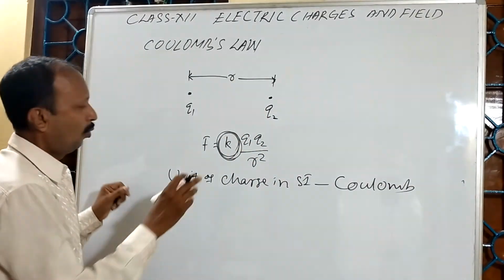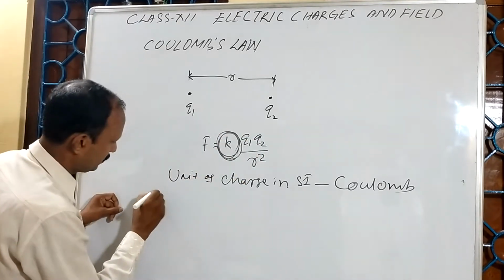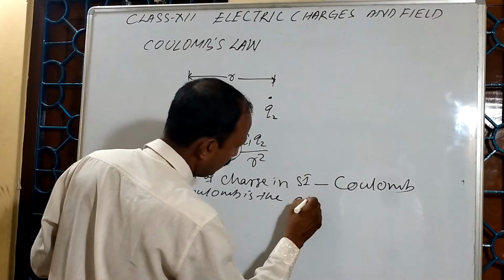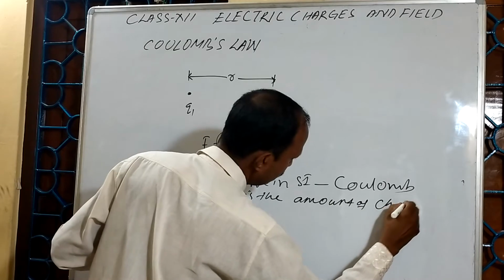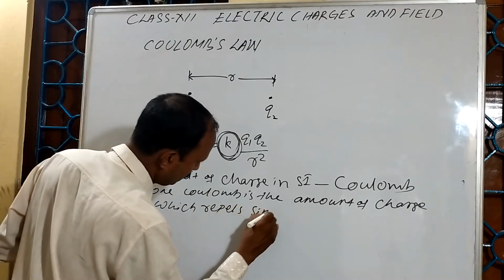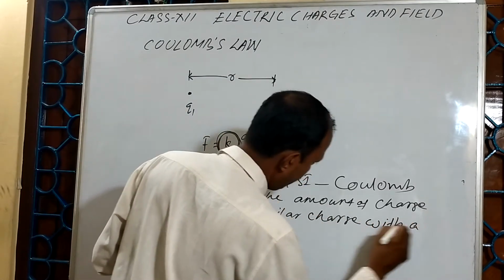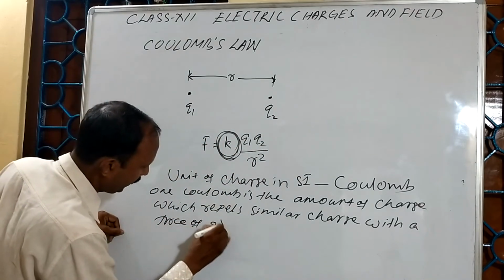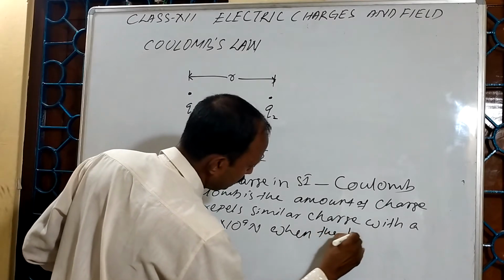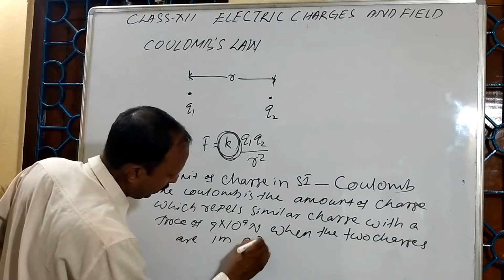Then what is the Coulomb? 1 Coulomb is the amount of charge which repels a similar charge with a force of 9 into 10 to the power 9 Newton when the two charges are 1 meter apart.